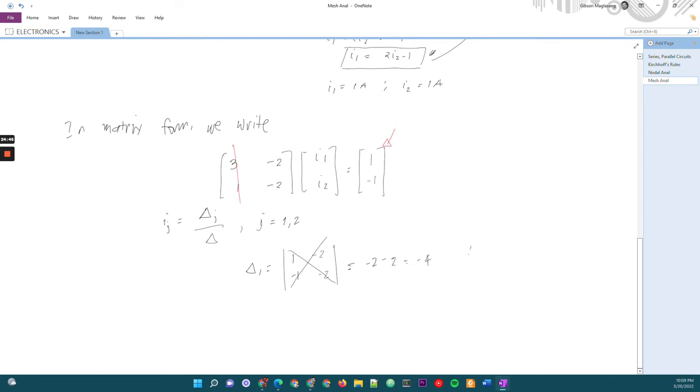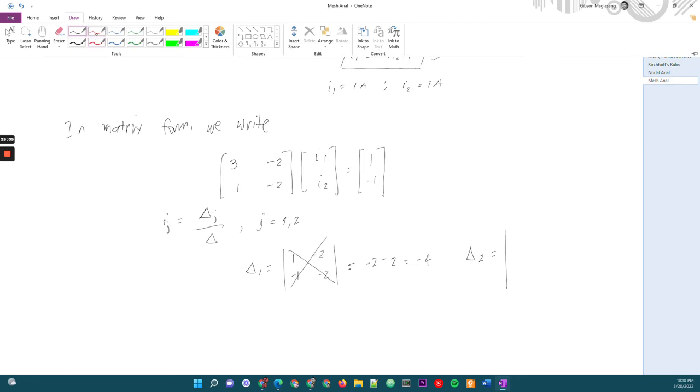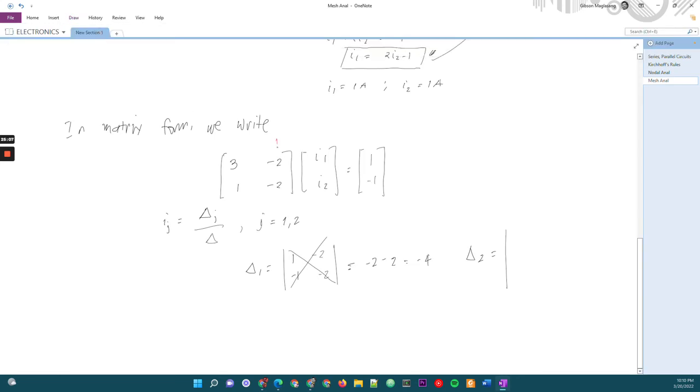Next is your delta 2. So kuan gihapon, for delta 2, kabira nimo is kanin siya, pulihan nimo ani nga values. Okay?